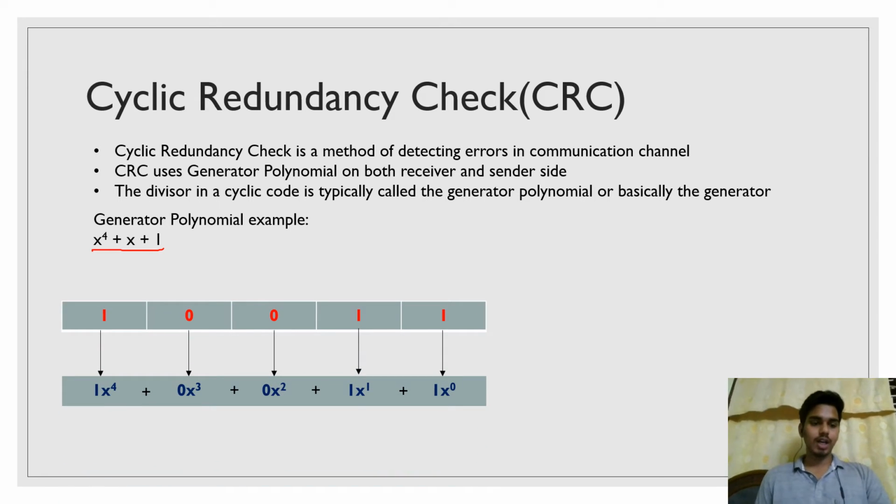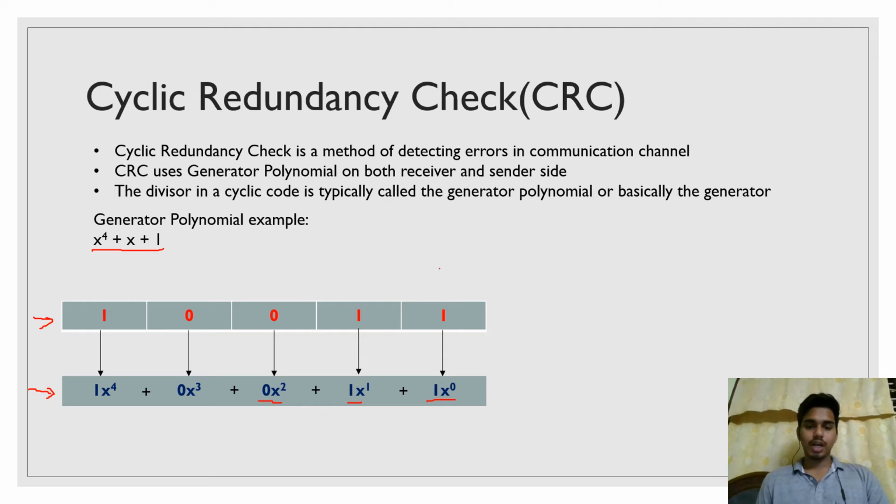Let me explain clearly. Suppose these are the bits 1 0 0 1 1. These bits can be represented in polynomial form as 1 times x to the power of 4 plus 0 times x to the power of 3 plus 0 times x to the power of 2 plus 1 times x to the power of 1 plus 1 times x to the power of 0.